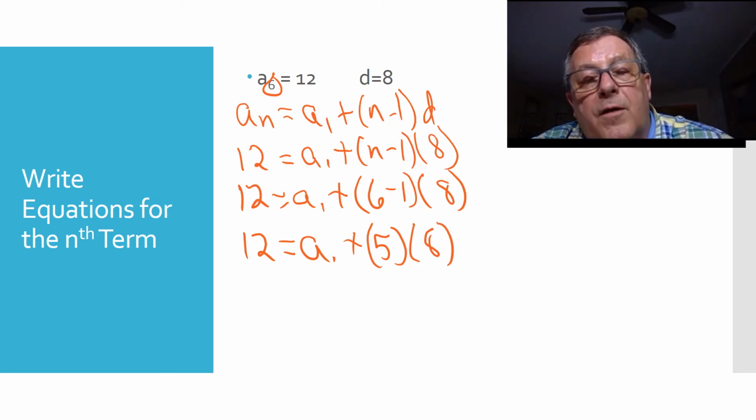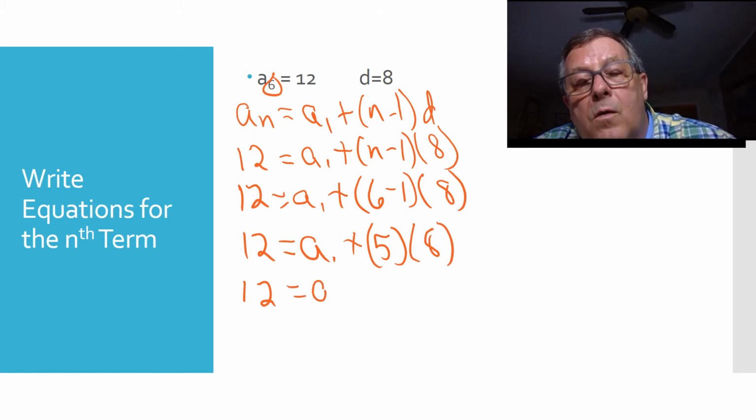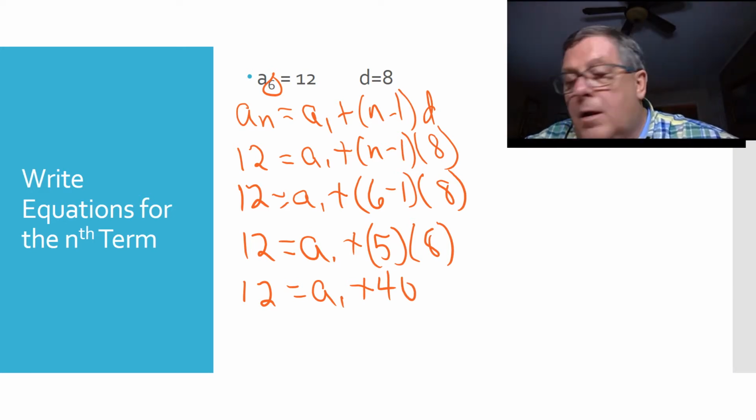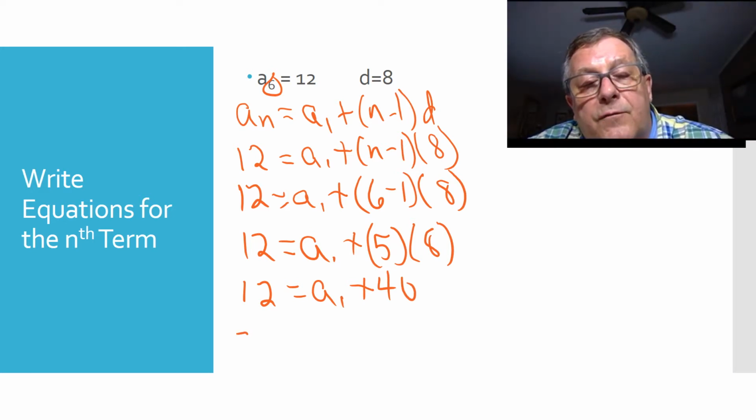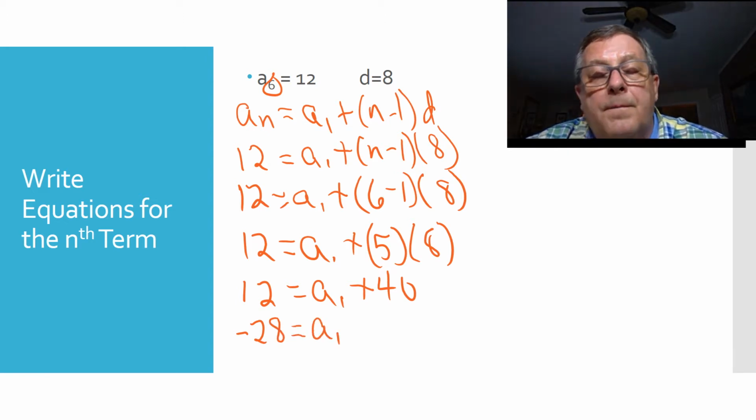Let's solve for A1. 5 times 8 is 40, so let's subtract 40 from both sides. When I do, I get negative 28 equals A1.